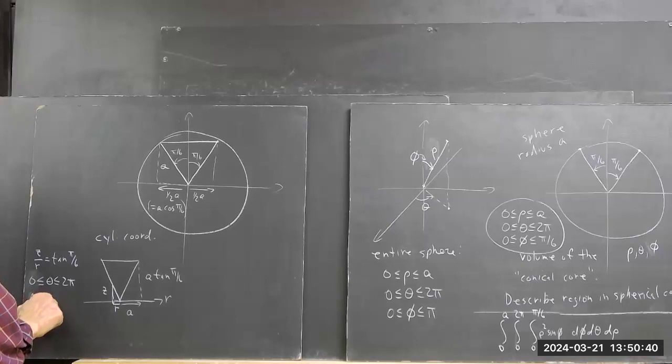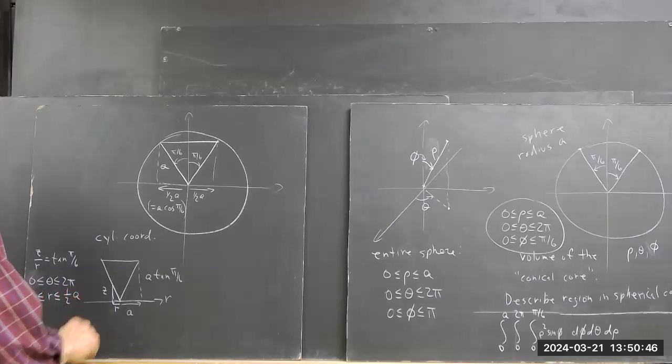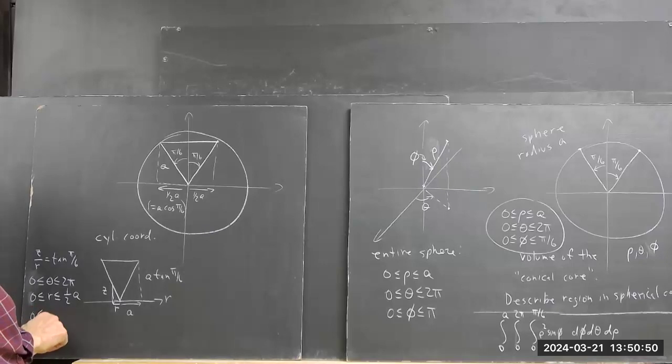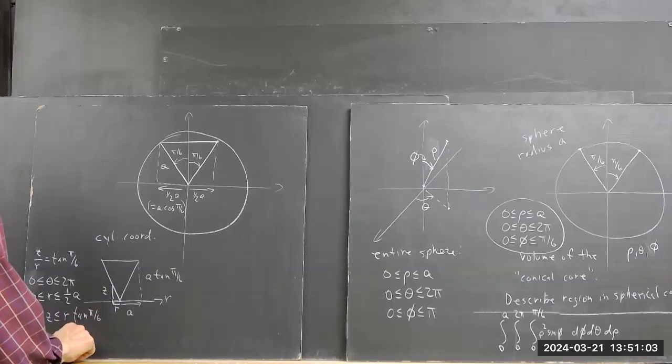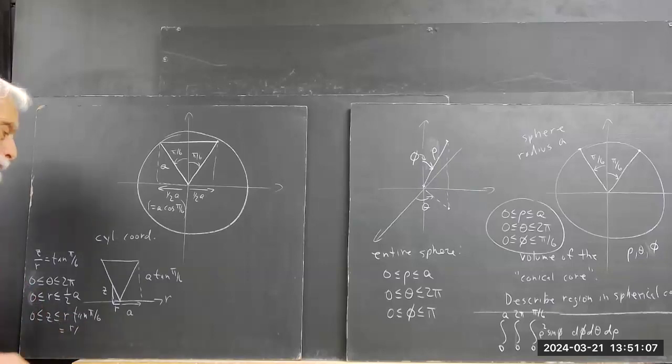R would go from 0 to 1/2 A. Z would go from 0 to R times tangent pi over 6, which is just, sorry, that's wrong.